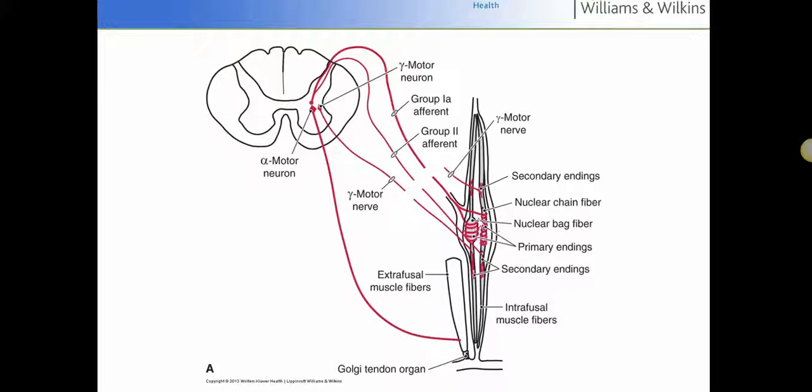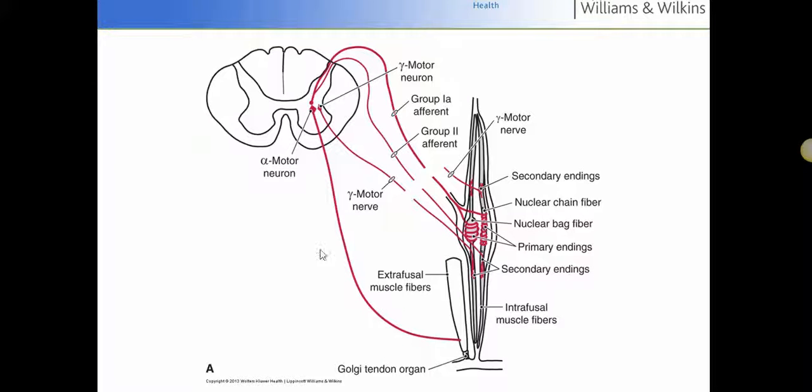They pick up the changes in length, and that sensory information is passed down to the gamma motor neurons. The gamma motor neurons give this information to the interneuron. The interneuron acts as a mediator between gamma and alpha. The interneuron picks up the afferent information from gamma and passes it on to the alpha.